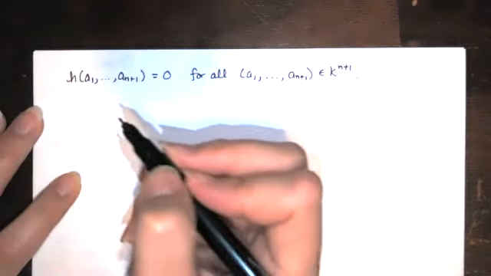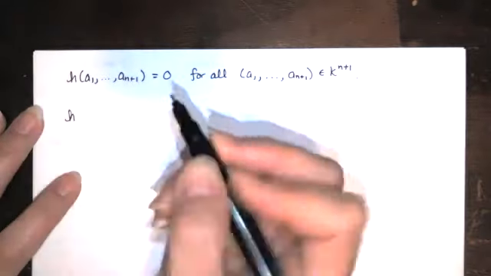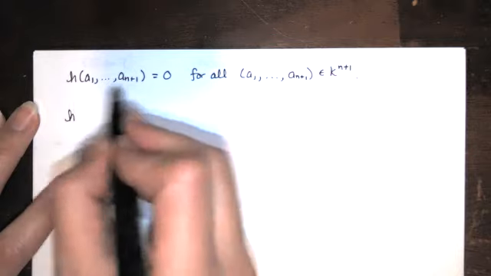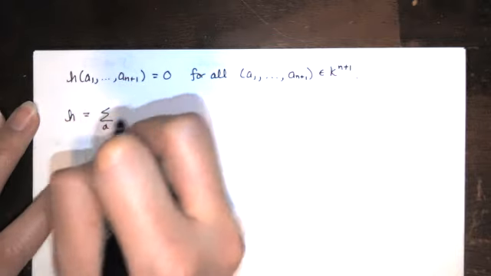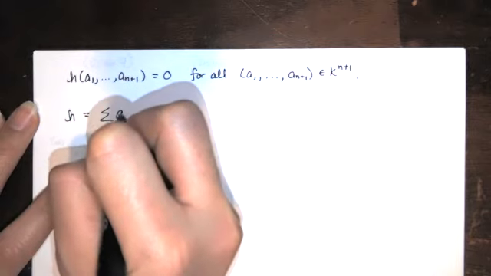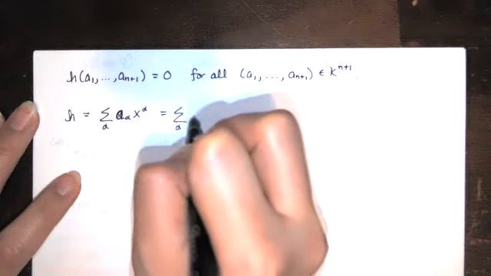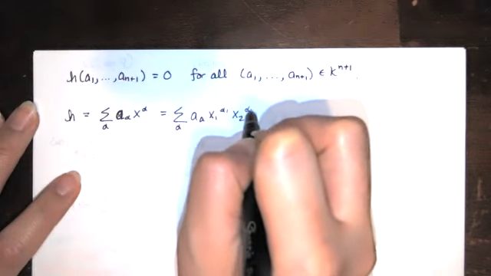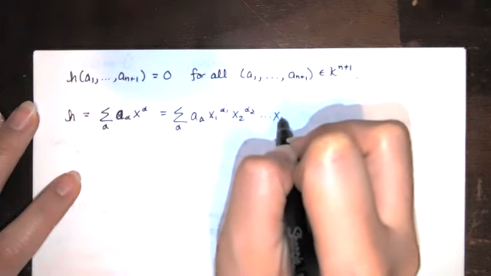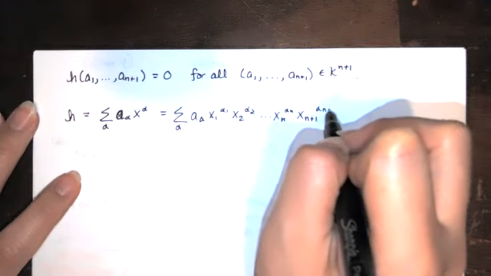Now, if we want to, we can take all of the powers of x in here. So h is going to be something that looks like this: a sub alpha times x to the alpha. So that's x sub 1 to the alpha 1 times x sub 2 to the alpha 2, all the way through x sub n to the alpha n times x sub n plus 1 to the alpha sub n plus 1.